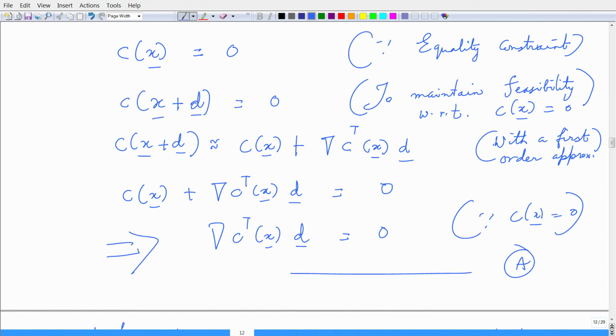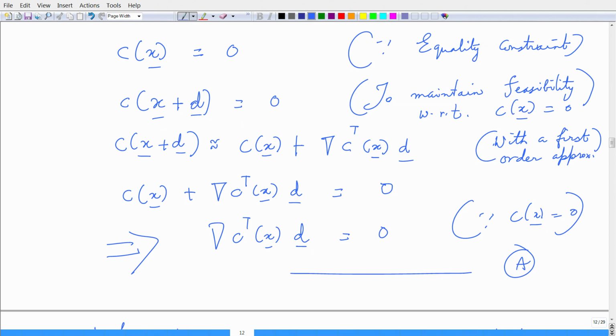Now I expand C of x plus d in the small vicinity around x, because I have to still be feasible around that point. So I look at a small direction d there.